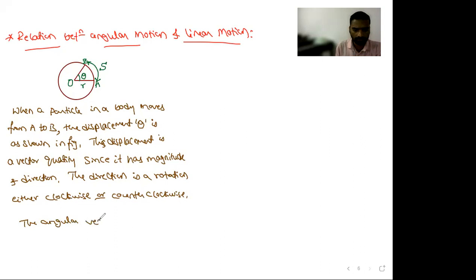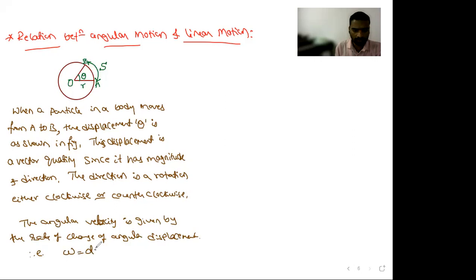The angular velocity is given by the rate of change of angular displacement, that is, omega is equal to d theta divided by dt.